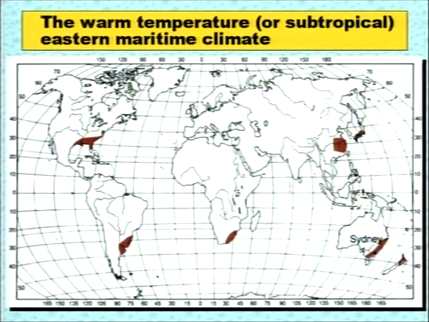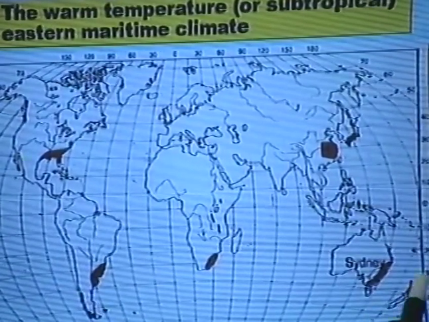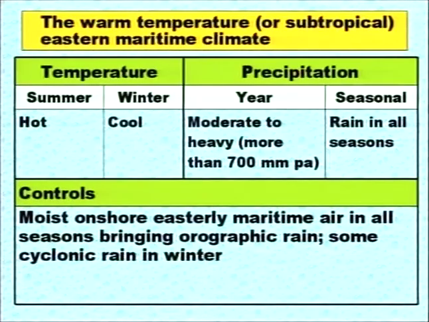The areas are the United States, South America, South Africa, the southern part of China on the coast, and also the southeastern part of Australia and the North Island of New Zealand. We already looked at the summary for this climate in our last lesson.